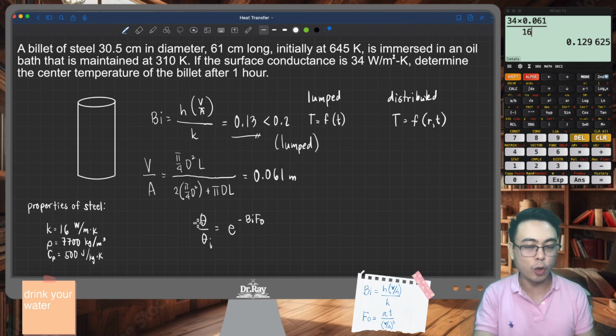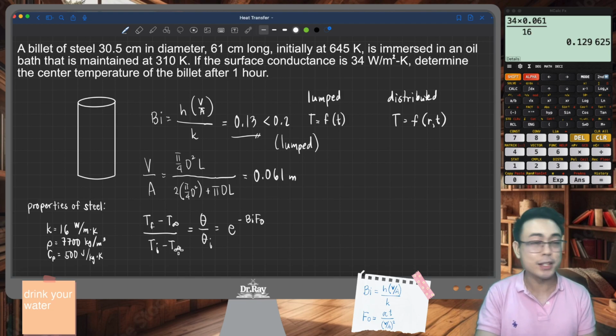And you just need to know how to define the unaccomplished temperature change. The unaccomplished temperature change in the numerator is simply the final temperature of your steel minus the surrounding temperature divided by the initial temperature minus the surrounding temperature. Let's take a look at the given.